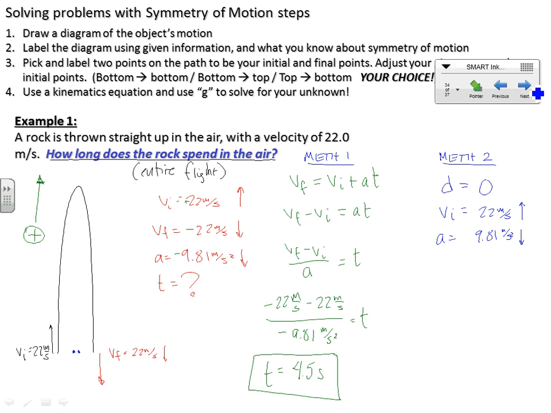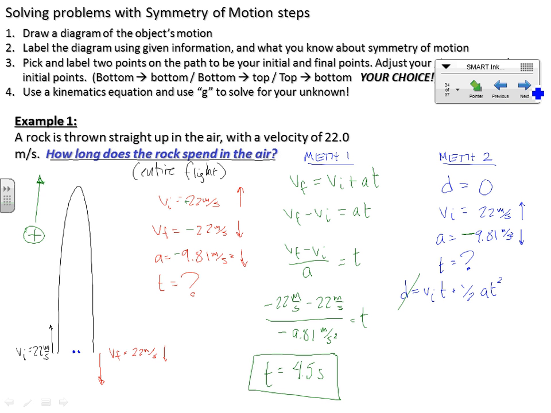Let's keep the same sign convention. We'll make that negative. D is 0, and we want T. Well, what equation has those four things in it? Of course, D equals VIT plus 1/2 AT squared. Well, D is 0 because it comes back to the place it was launched from.